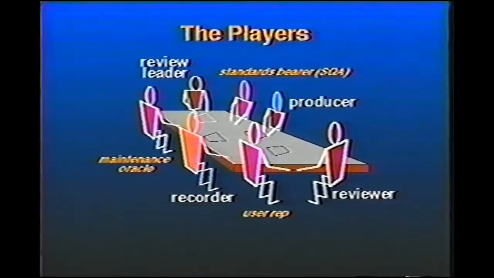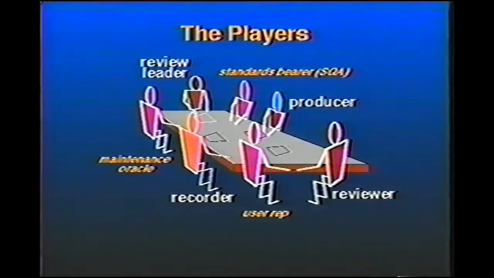The 4 people who participate in a formal technical review, the leader, the recorder, the producer, and the reviewer, can be augmented with others. It might be possible to include a software quality assurance representative to ensure that all standards compliance has been checked and that standards are being maintained. We might include a representative from the user organization in reviews where user-specific information is relevant.